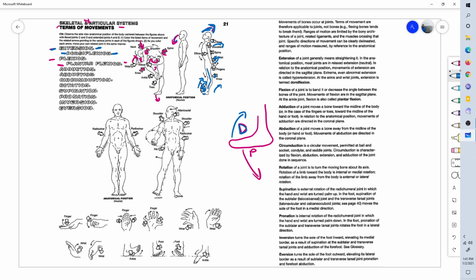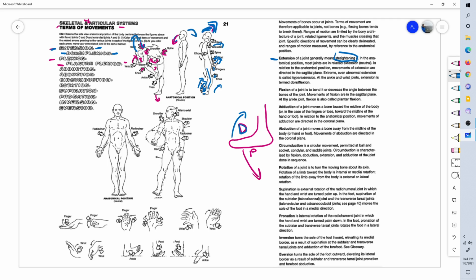It got so straight that it went the opposite direction. The fingers going backwards, that's extension. Extension generally means straightening or going beyond straightening. So let's say you flex forward, flexion in the neck, and then you straighten your neck and you go beyond. That's hyperextension. You straighten your neck to extend your neck back this way.